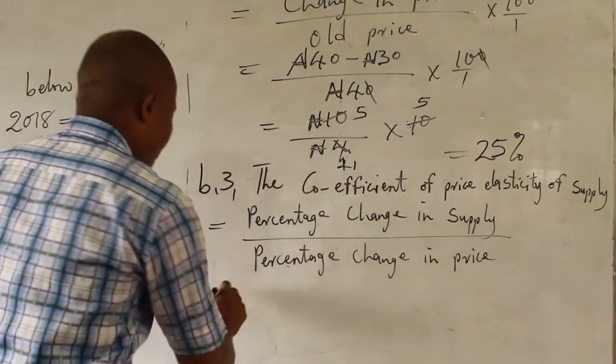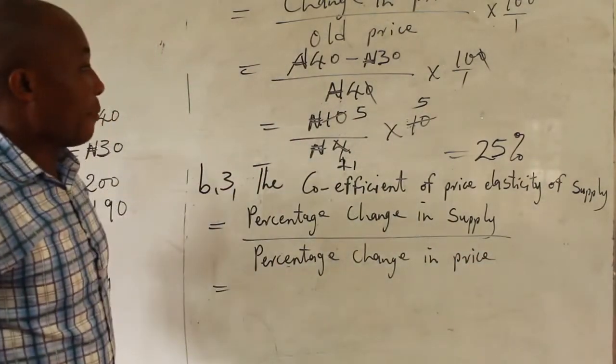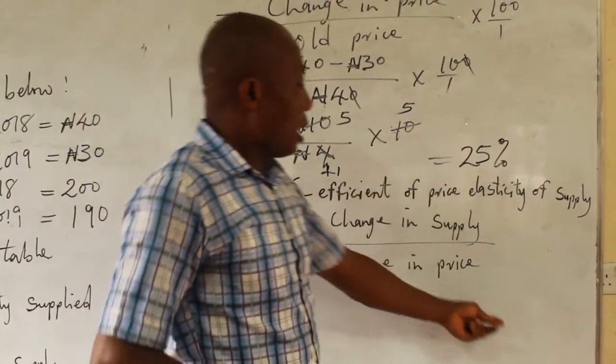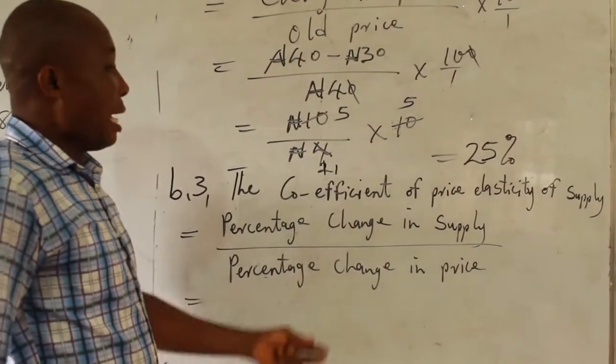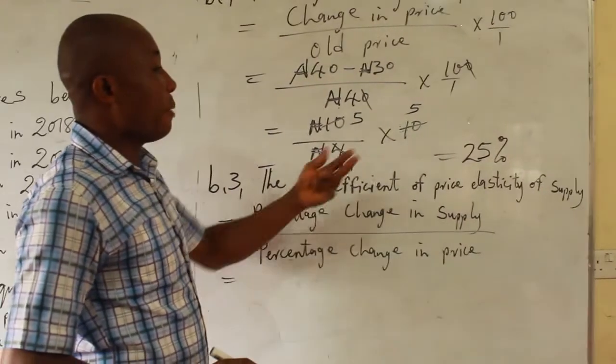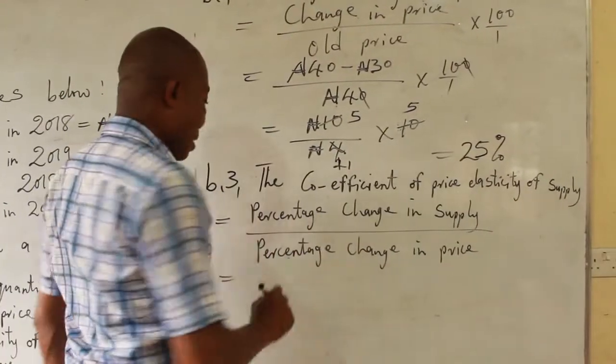And if you can remember, our percentage change in supply is 5%, and our percentage change in price is 25%.